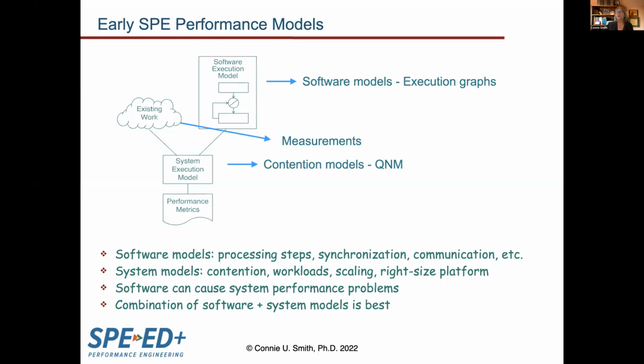You could do measurements of existing work on the processors, put those into a queuing model, and you could get performance metrics that quantified the contention delays, looked at workload mixes, looked at scaling, and in other words, predicting sizing that application before it went into production. So those are the keys. It represents the software processing steps, and ideally it does it before you try to deploy a software system.